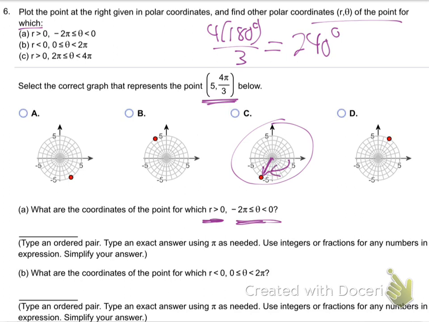Instead of saying positive 240, you could say that same direction by a negative angle. Yeah, negative 120. Does everybody see that? That's the same direction. You can turn the cannon positive 240 or negative 120. You're headed in the same direction.